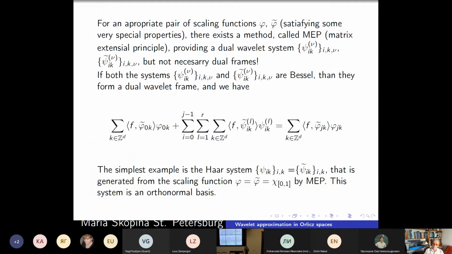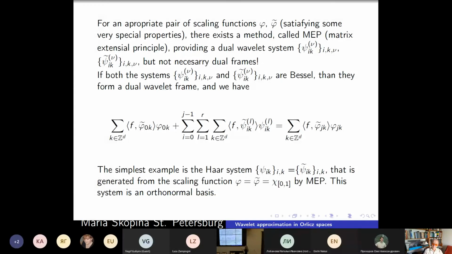And the simplest example: first, the simplest wavelet frame fell down from the sky. It was more than 100 years ago. It was sketched by Haar, and this is the Haar system.